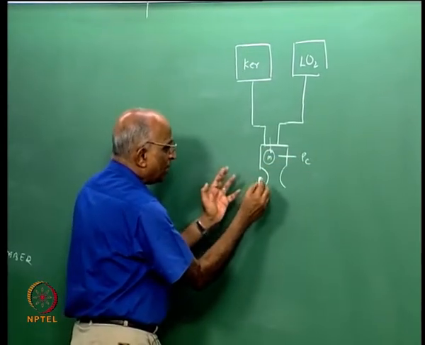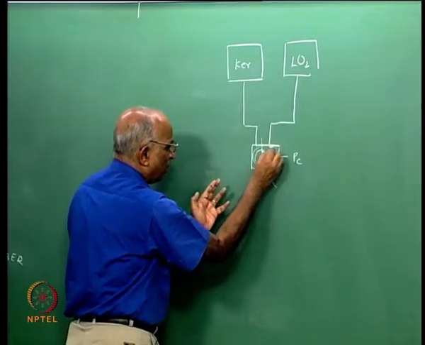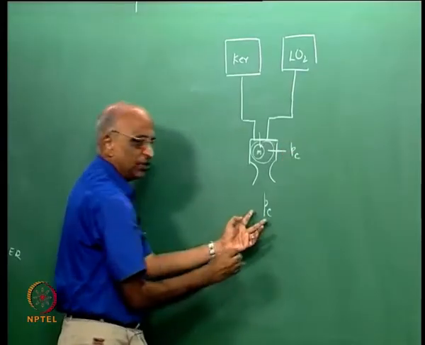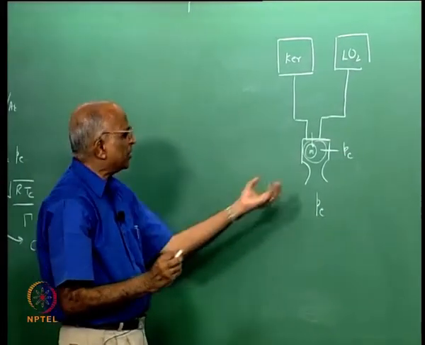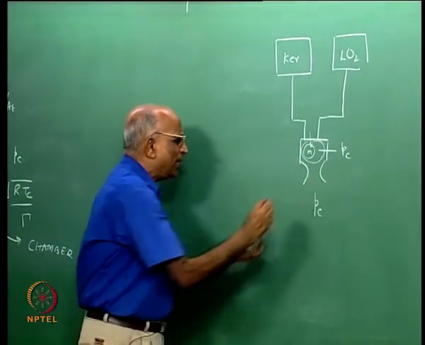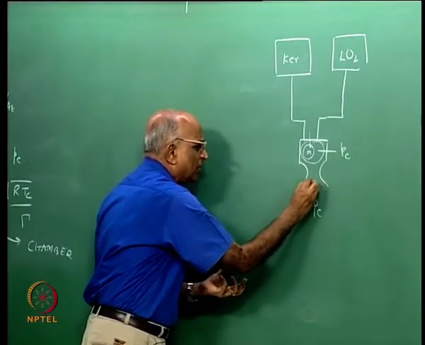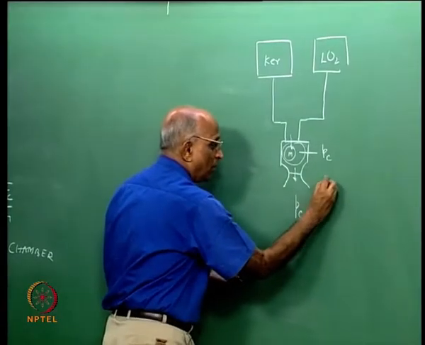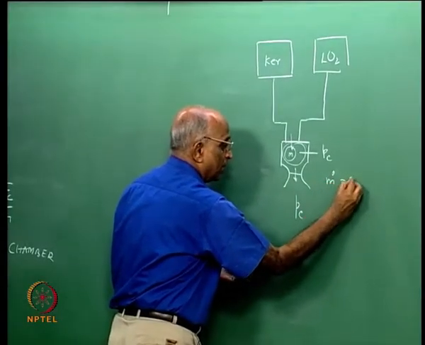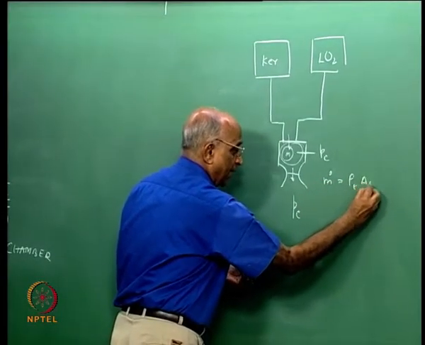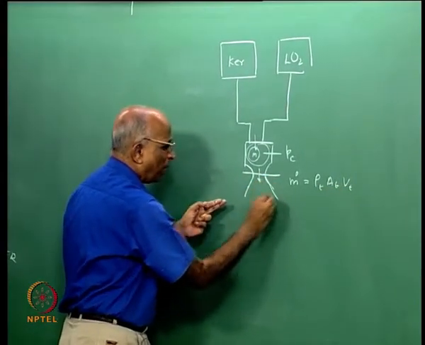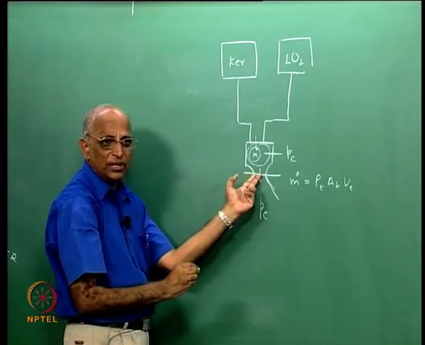Therefore, C star tells me the capacity of propellants to generate a high value of chamber pressure Pc. That means it is a chamber only. We have not done anything with respect to this, because for C star we only looked at the nozzle flow. We told ourselves, well, m dot is equal to rho t AT into VT. Therefore, we never really looked at the divergent part of it, we looked at only up to this place.